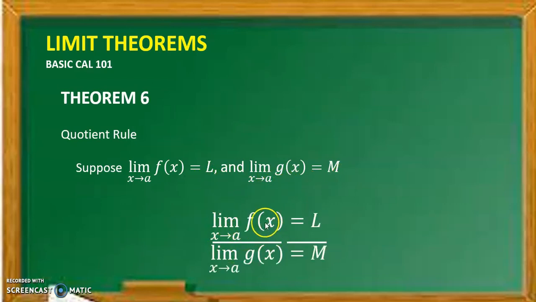Therefore, the limit of f of x over g of x when x approaches a is equal to L over m. Madaling sabi, dinidivide lang natin or kunin lang natin yung limit ng numerator over the limit of the denominator. So, paano yan? Example natin.